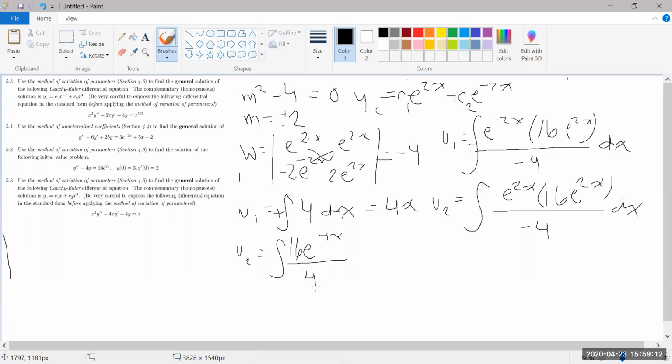So you have 4e to the 4x here, which is going to be just e to the 4x, and don't forget your negative signs. If it's negative, negative e to the 4x is your u2.